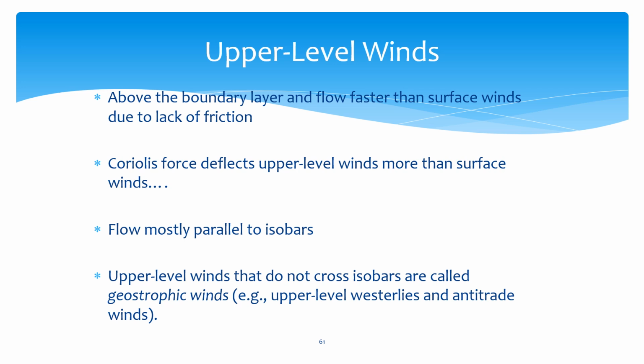They don't flow across the isobars. Those upper level winds that do flow parallel to the isobars, we call geostrophic winds. Two examples they are showing you here are the upper level westerlies and the anti-trade winds. Those are upper level trade winds, but they're flowing in the opposite direction. So instead of flowing from the east to the west, they are flowing from the west to the east.